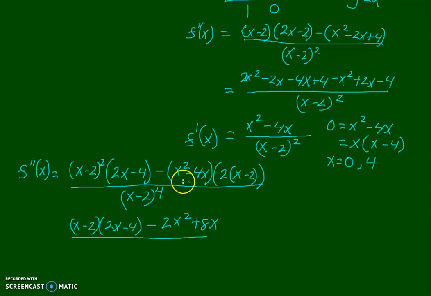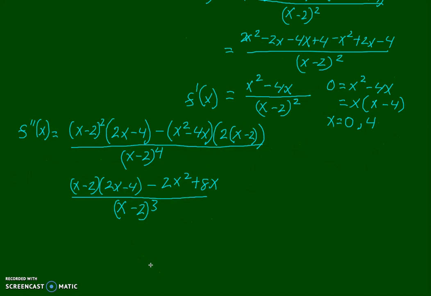So I just kind of combined a step there. All over x minus 2, and one of those x minus 2's went away, so that's x minus 2 to the third.